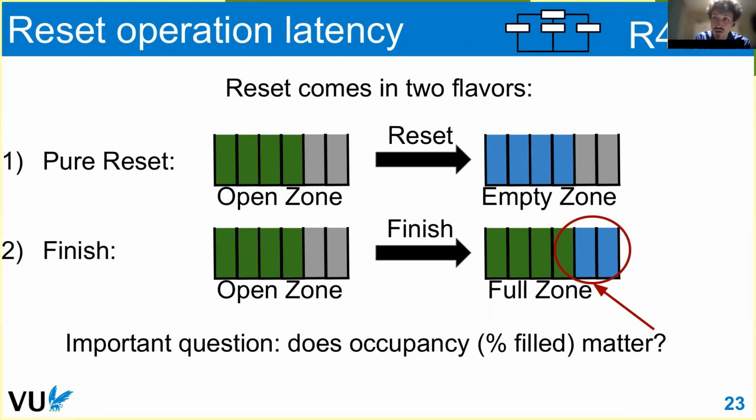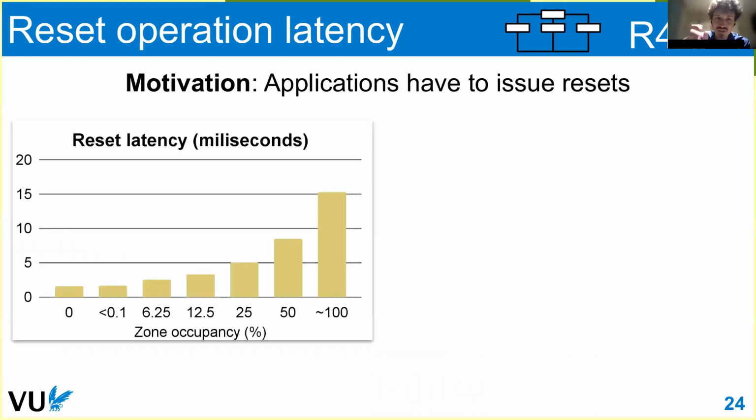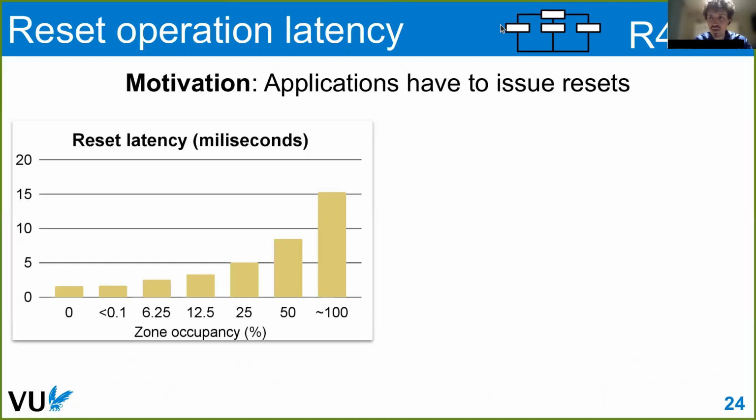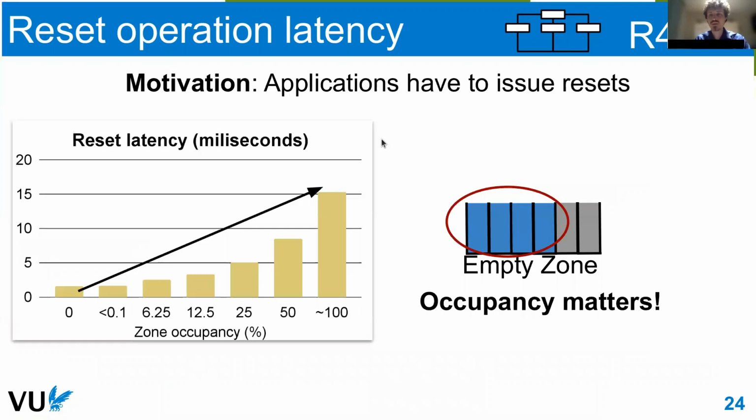What we found was, in my opinion, shocking. We found that the pure reset is very expensive. It's on the order of milliseconds. To put it in perspective, writes take microseconds. So we now know that these are very expensive operations. We also found that their performance depends a lot on the occupancy.